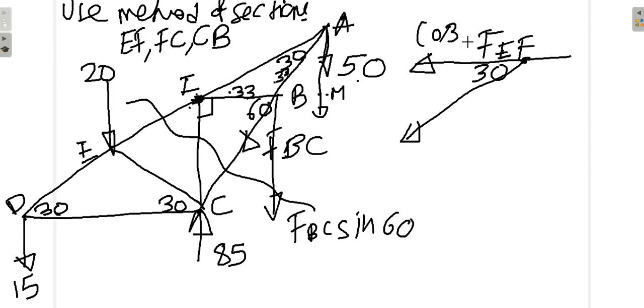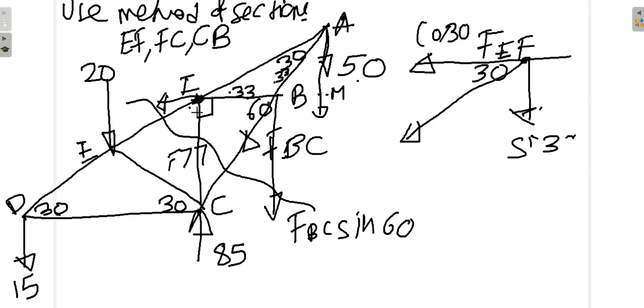This is a cosine component and this is a sine component. The sine component will act along C and it's gone. It has no moment. Only the cosine component of FEF will have a moment, and this length FC we have computed as 0.577.